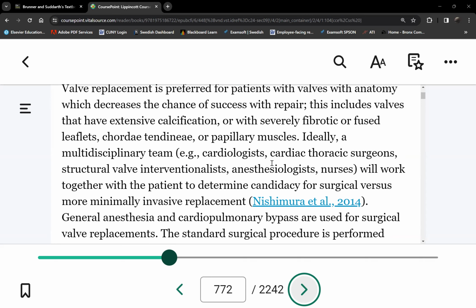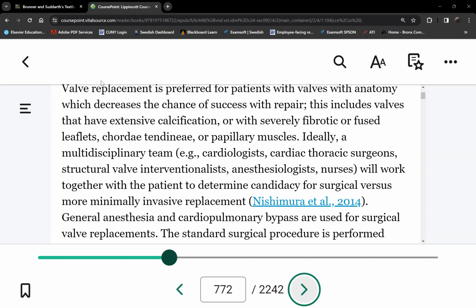So we either replace it with a biologic valve, meaning valve from a living organism, or we replace it with a synthetic material. When we say synthetic, usually that involves something sturdy, like titanium or metal, for instance. So those are the choices.